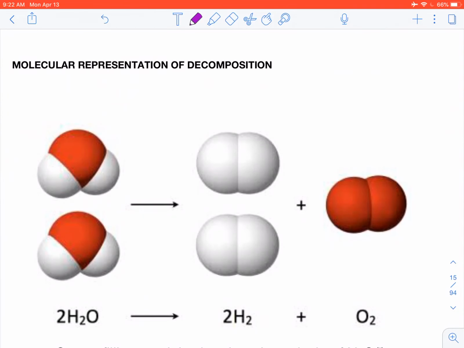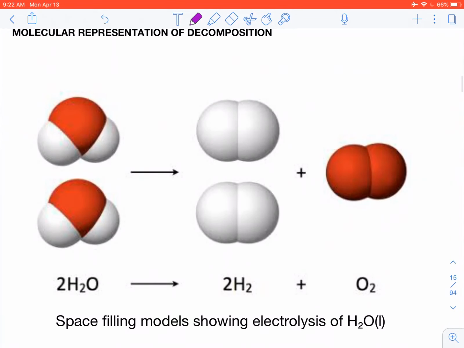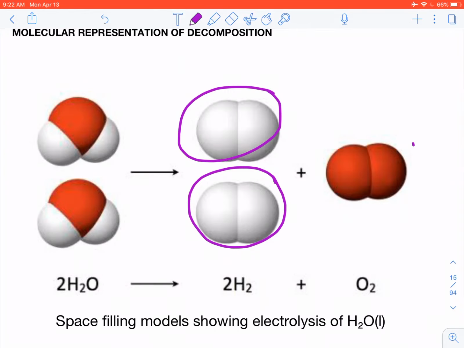Here, let's look at the molecular representation of it. If I look at H2O, here we've got our hydrogen and our hydrogen there. This is a specific substance. It's water. It has its own properties. We saw what its boiling point is. We saw what its melting point is.